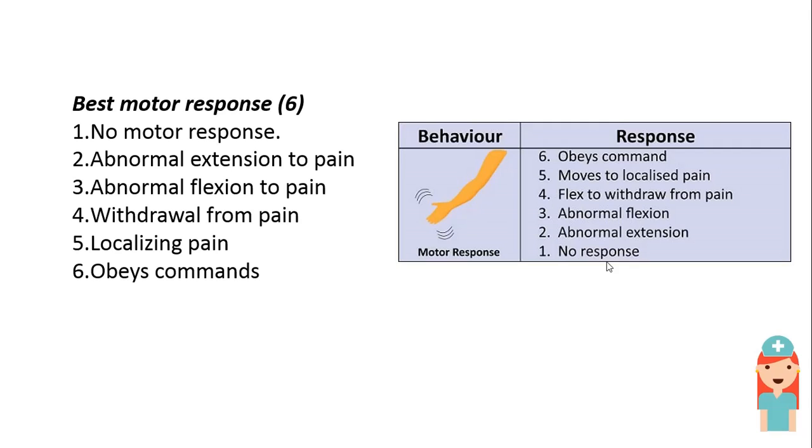If he shows decorticate posture, I will score him 3. The second one is abnormal extension to pain. I will score him 2 if he shows decerebrate posture. In the next slide, I'll show you what decerebrate posture means. And the last one is no motor response. If he shows no motor response, then the score will be 1.